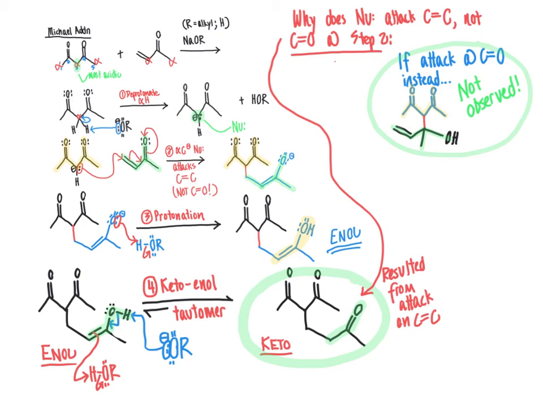Well, as it turns out, it goes back to the concept of thermodynamic versus kinetic control for reactions that are reversible. If we take a look at the properties of the two possible products, the one that is actually observed down here in the bottom circled in green, versus the one that is not actually observed in the upper right-hand corner, what we would find in comparing those structures is that the one in the upper right is the one that forms faster. Well, that sounds promising, but it is less stable.